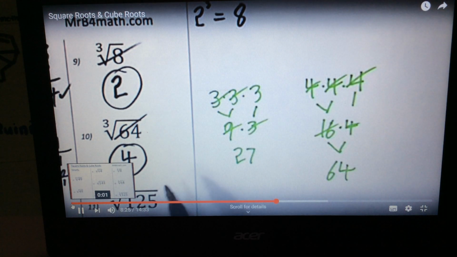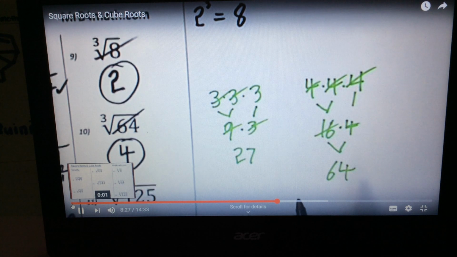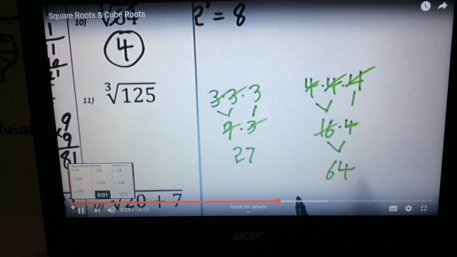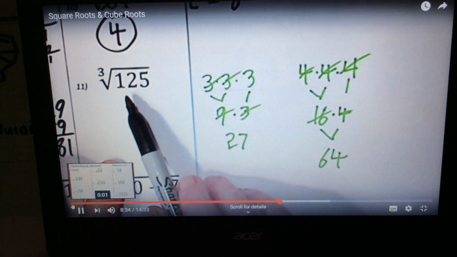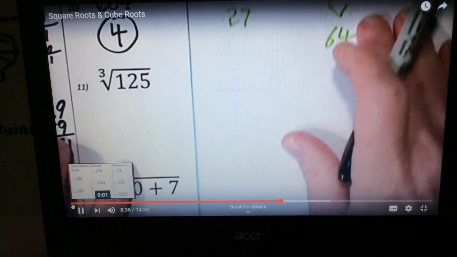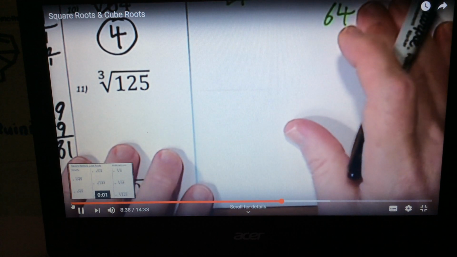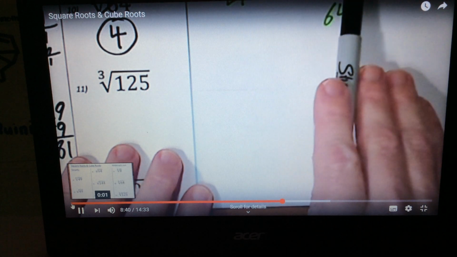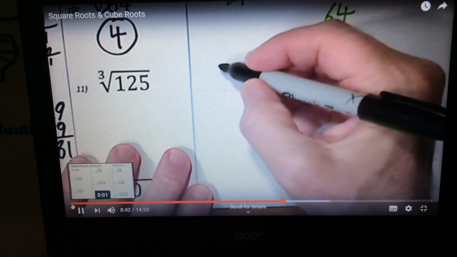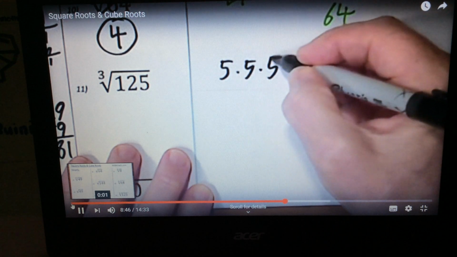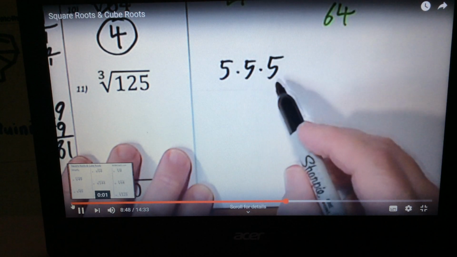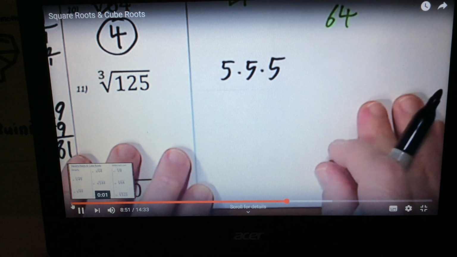You can see cubes get large quickly. So I'm not going to get too carried away with this, but we'll look at the cube root of 125. Well, we tried 3, we've tried 4. Let's try 5. Five times itself 3 times.